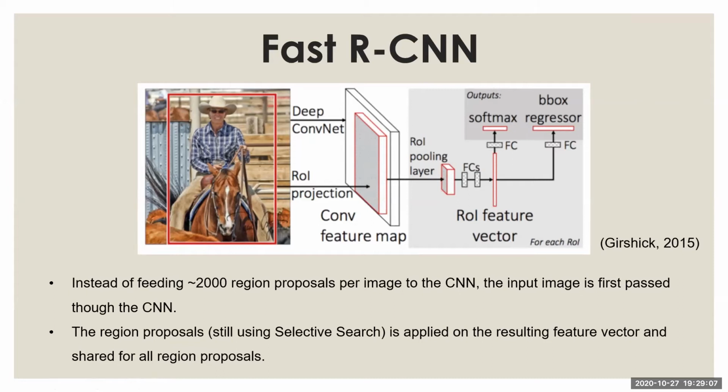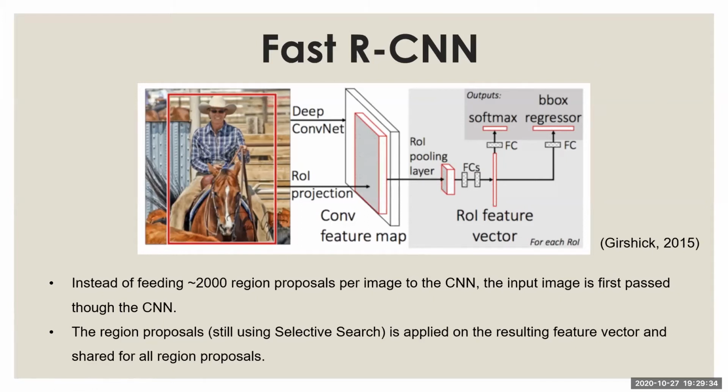So instead of 2000 feature vectors per image, you now only have 1 per image, which is a huge computational speedup. And then the region proposals will be picked from that feature vector. One thing to note here is that we're still using the selective search algorithm here. But this improvement alone is really noticeable.